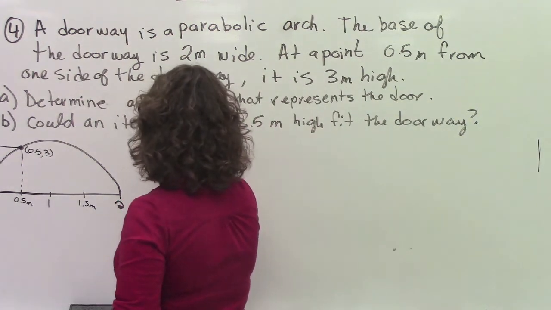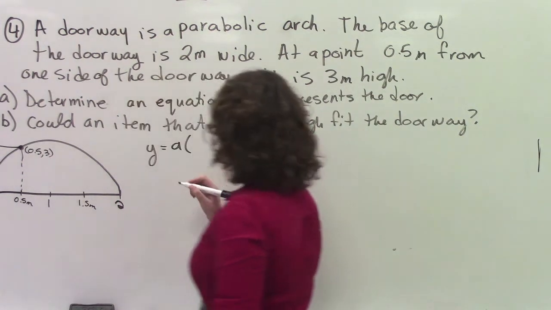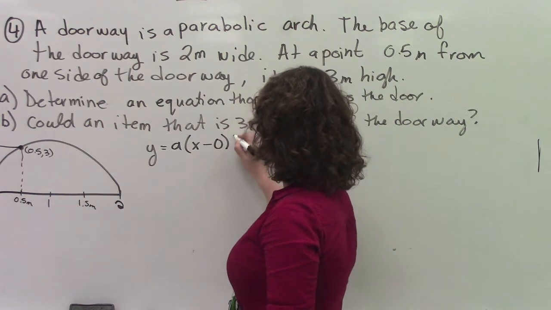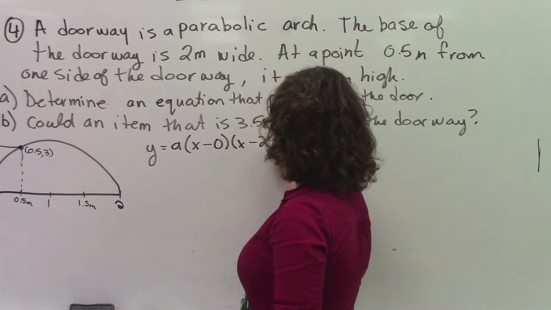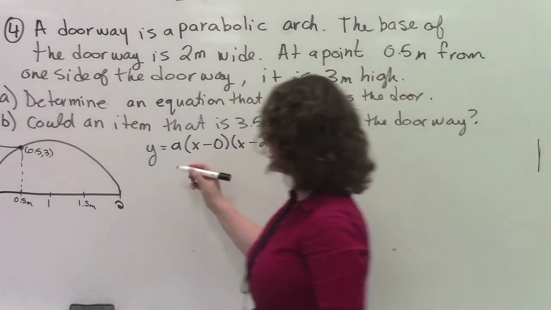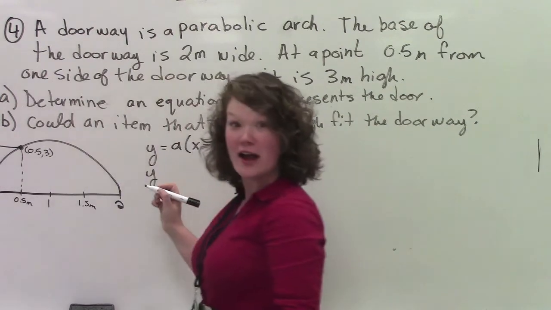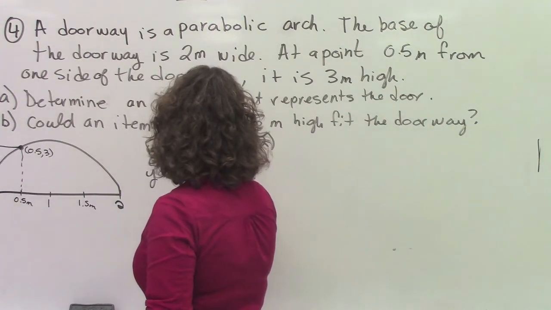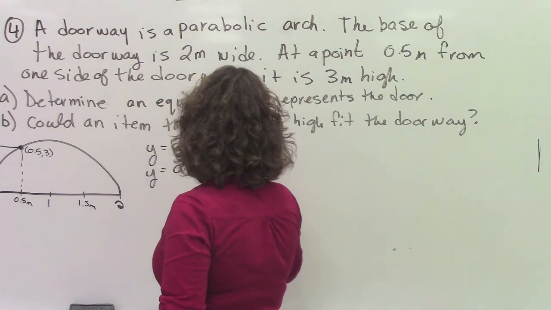So y equals a times (x minus 0)(x minus 2), okay? But what can I also write x minus 0 as, guys? You're right, just x. So y = a times x times (x minus 2).